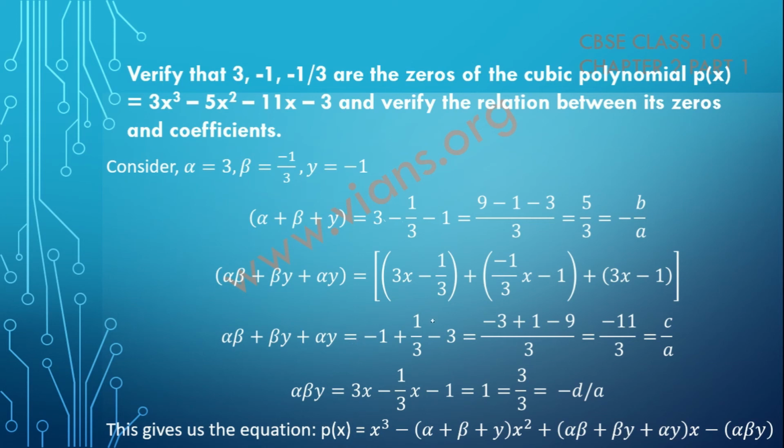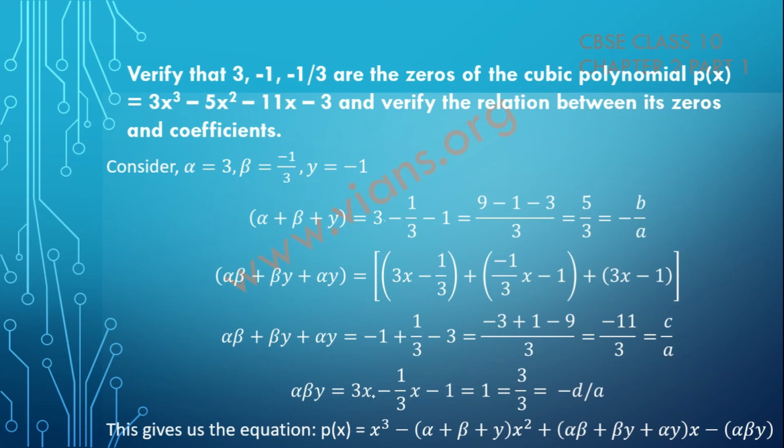If you solve that, that would be minus 1 plus 1 by 3, and this is going to give you minus 3. If you take it to the common denominator, that's going to be minus 3 plus 1 minus 9 by 3. So that's going to be minus 11 by 3. Sorry, c is going to be minus 11 and a is going to be 3.